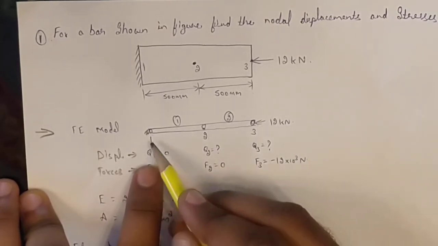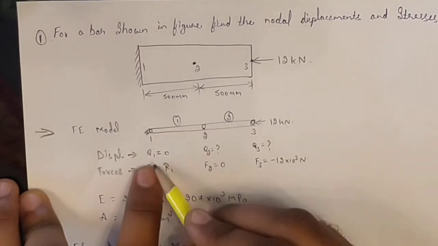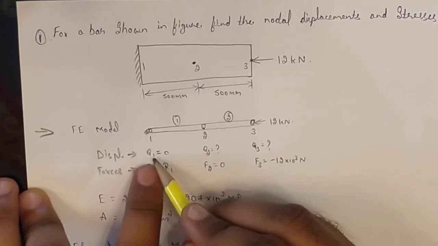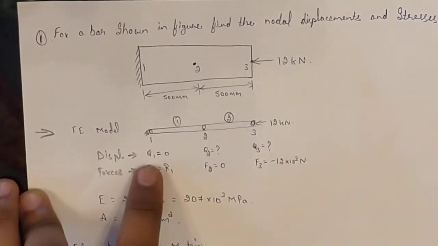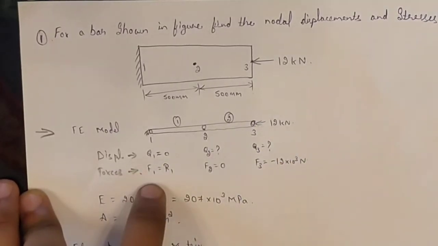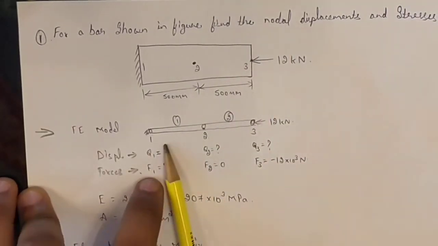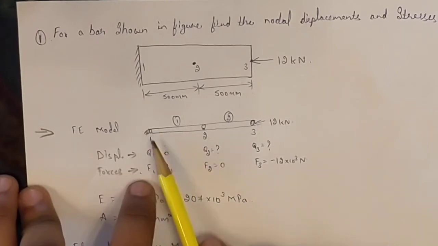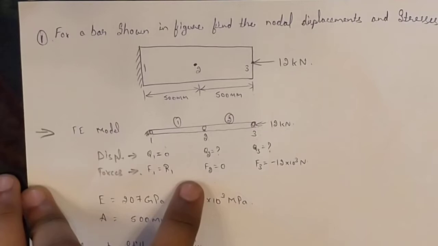If it is two dimensional, at each node it will have Q1 and Q2. Since it's one dimensional, at each node only 1 degree of freedom. So Q1, Q2 and Q3 for 3 nodes. Similarly, forces: at node 1 F1, at node 2 F2, at node 3 F3.